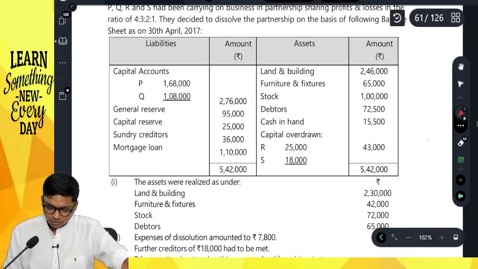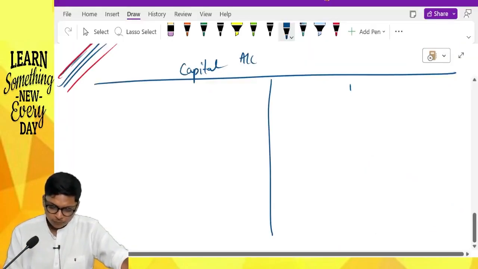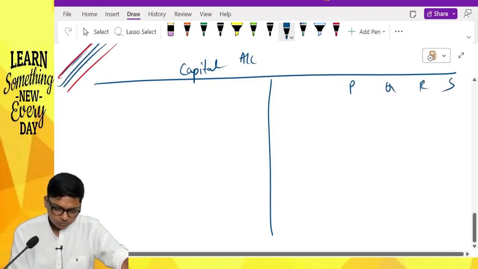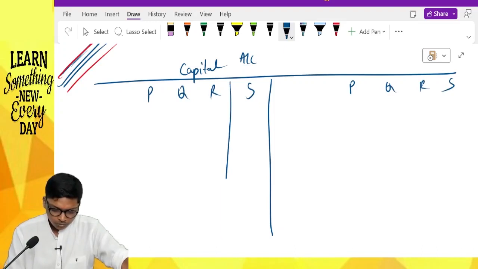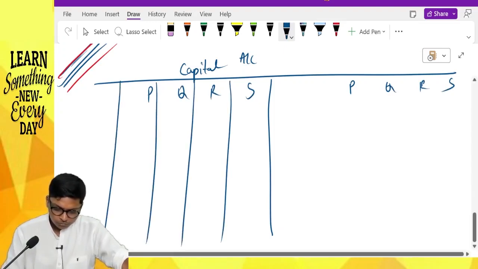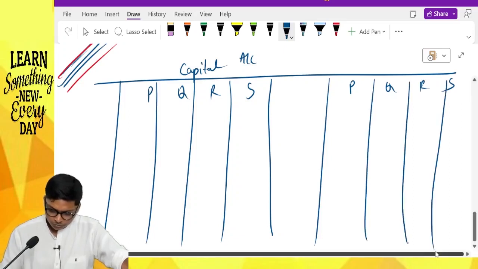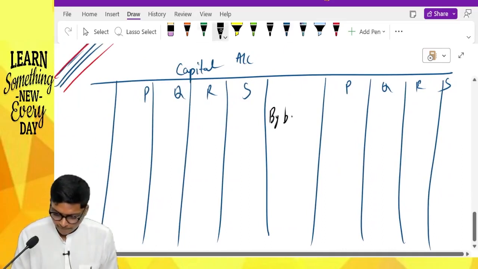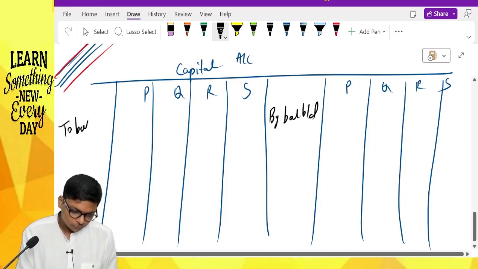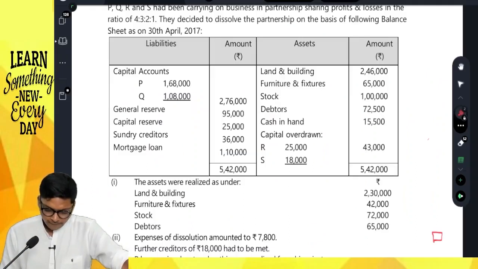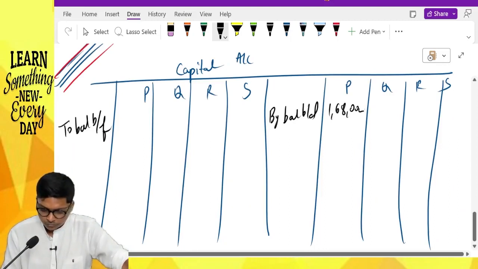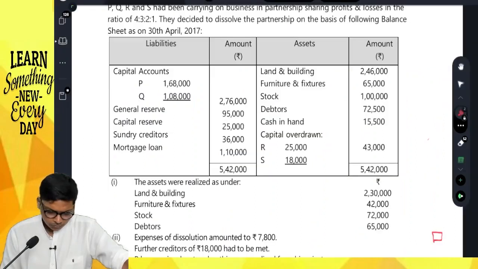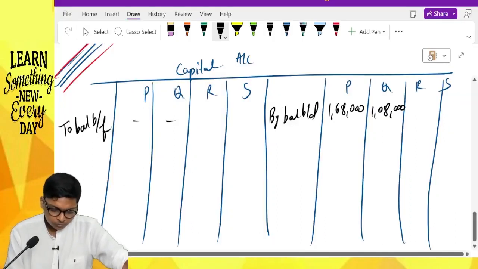One page you can finish. P, Q, R, S. P balance brought down 1,08,000. R, S 25,000, 18,000. Done, guys.